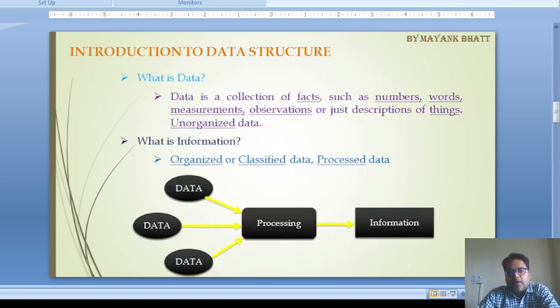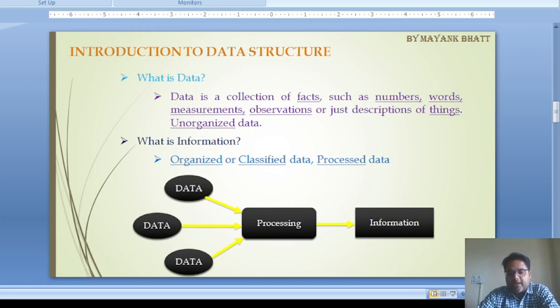Further, the question arises: what is data? Data is a collection of facts such as numbers, words, measurements, observations, or just descriptions of things, unorganized. Now what is information? Organized or classified data, processed data, these are called information.